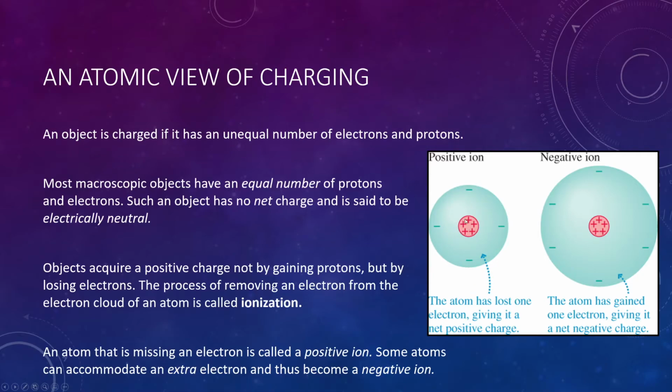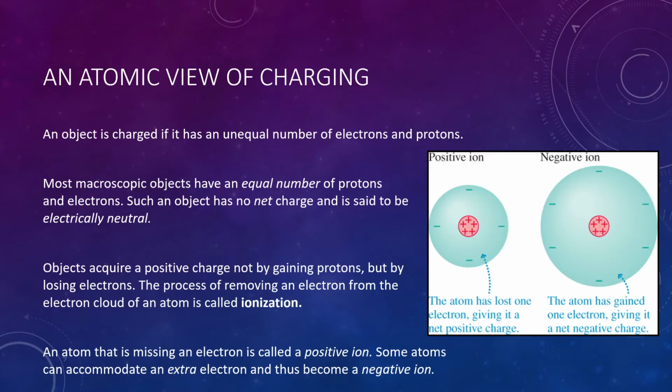The protons are tightly bound to the nucleus of an atom, but the electrons are often loosely out in the outer regions of the atom. And so it's the electrons that can be removed from your atom and shared. So we're either talking about gaining electrons, thus gaining a negative charge, or losing those negative electrons and becoming positively charged. The process of moving these electrons around is called ionization.